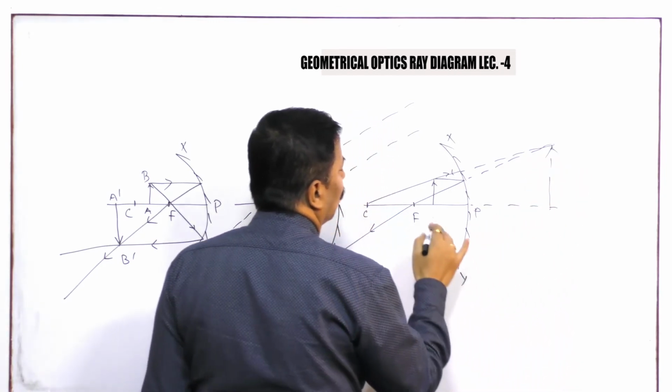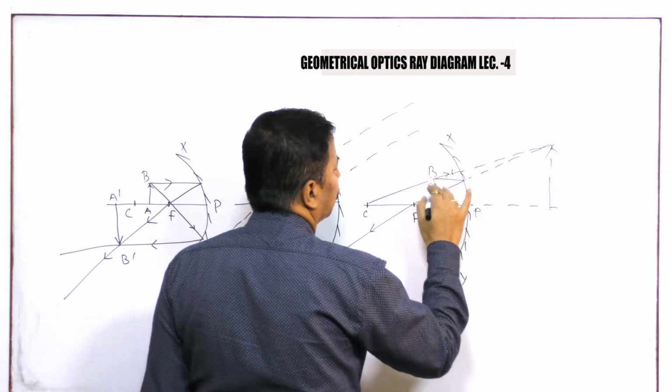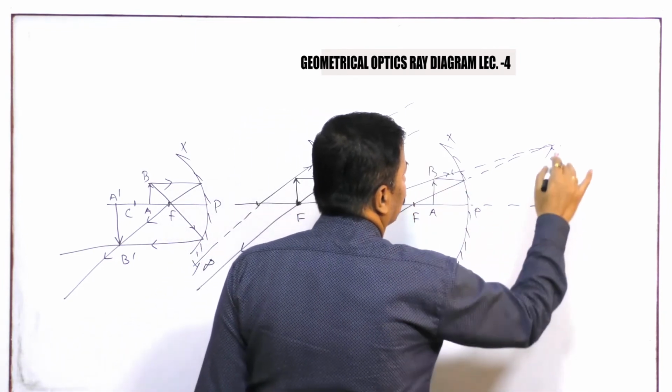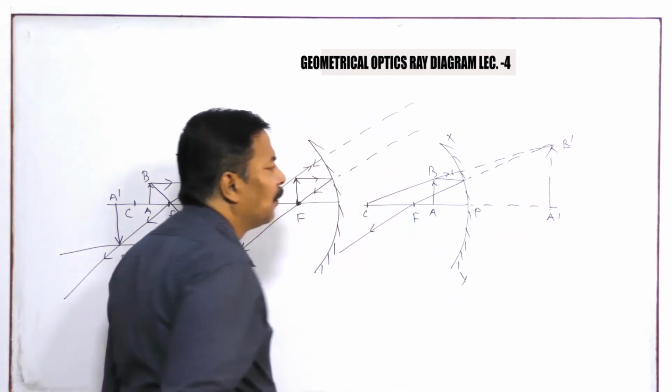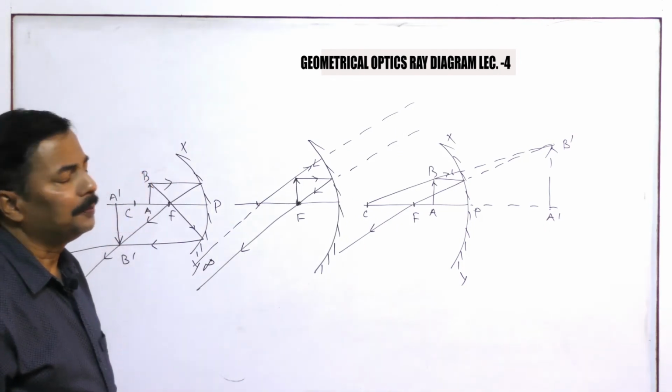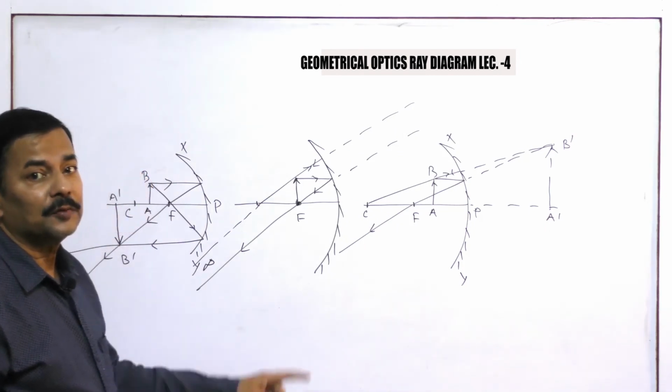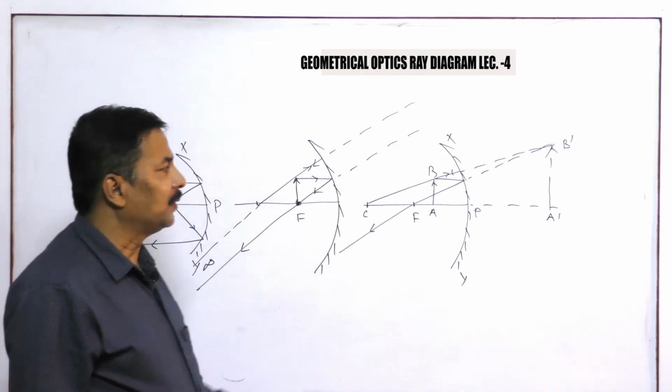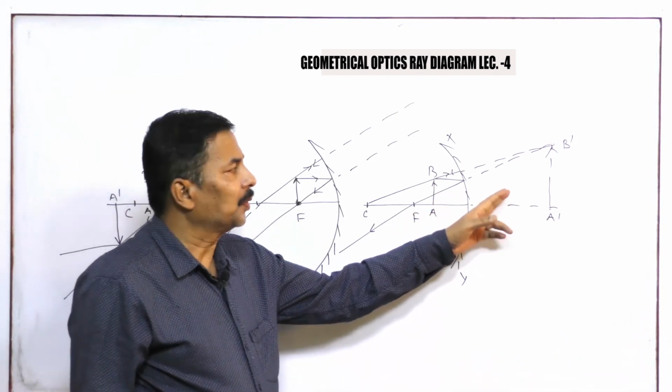Virtual image is formed, this is OAB and this is A dash, B dash. So a virtual image is formed behind the mirror, which is magnified.